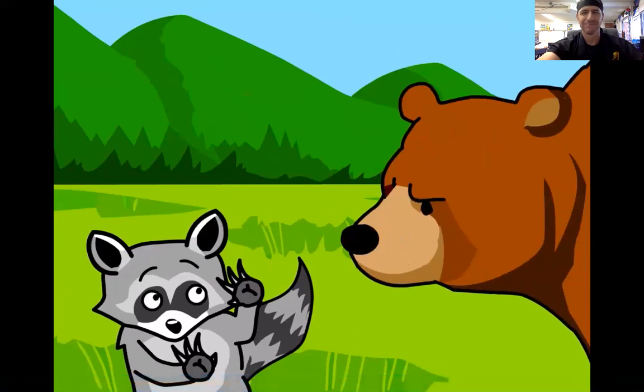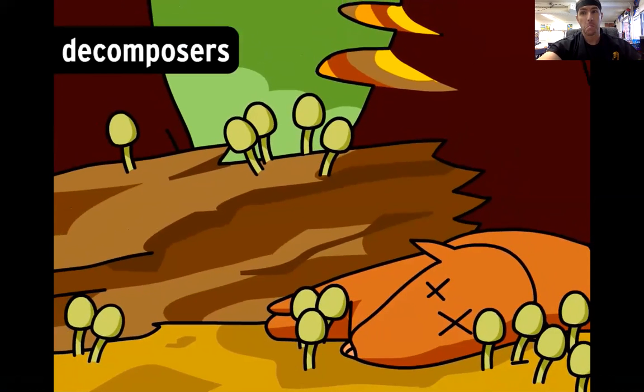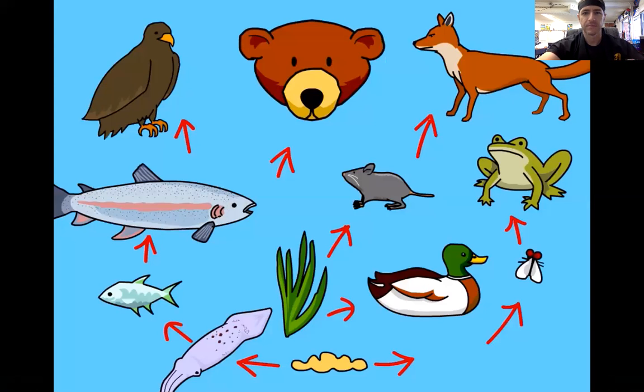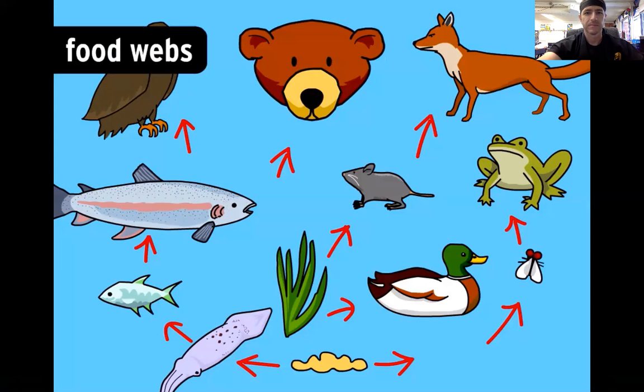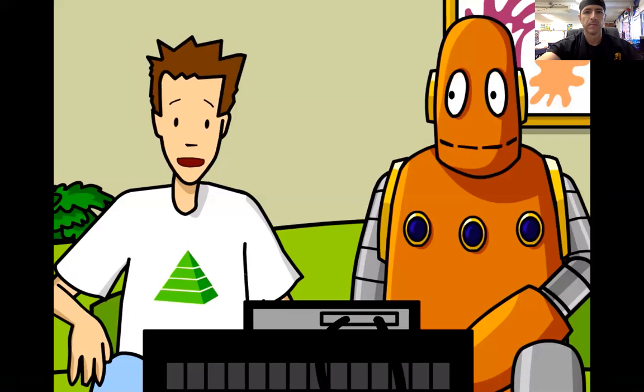Bears might be a better example here. Meanwhile, decomposers like bacteria and fungi break down dead animal and plant matter. This recycles nutrients back into the ecosystem. Food chains usually combine to form food webs made of many interconnected and overlapping chains. But let's back up for a sec and ask why animals eat in the first place.